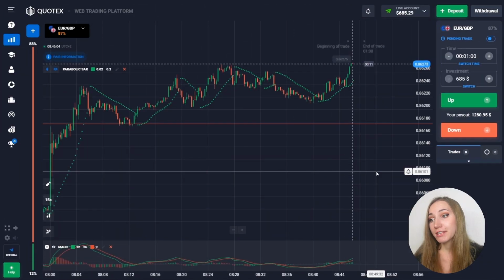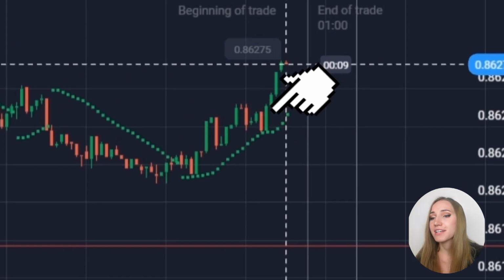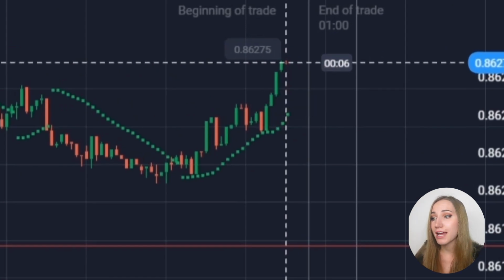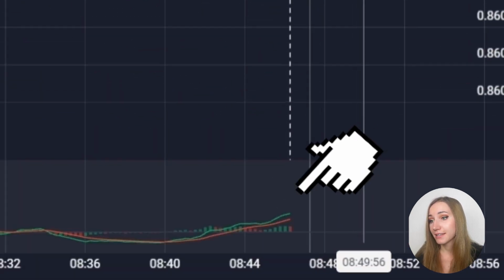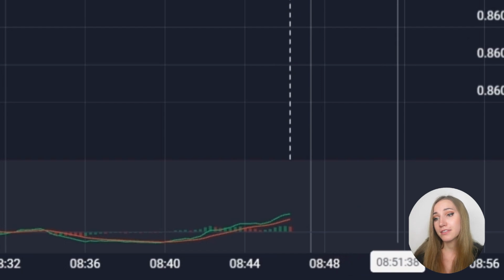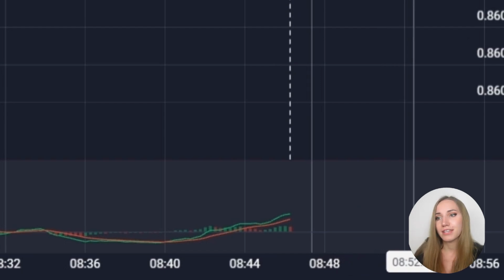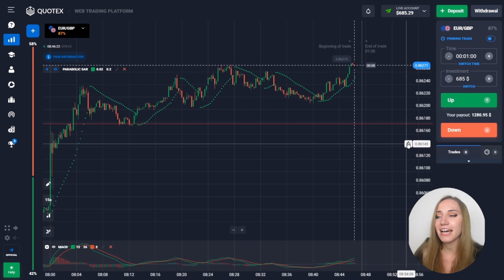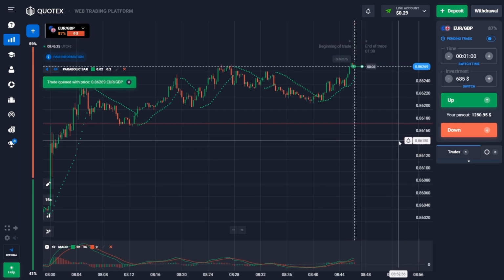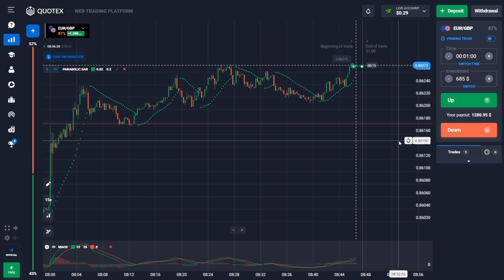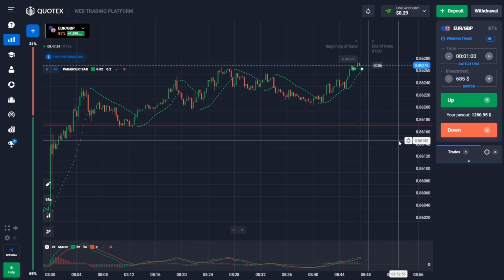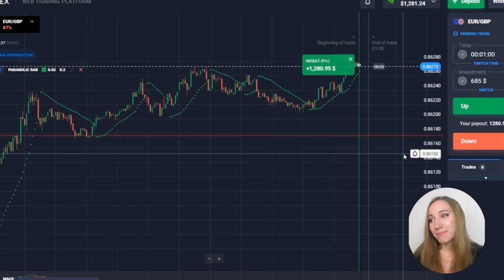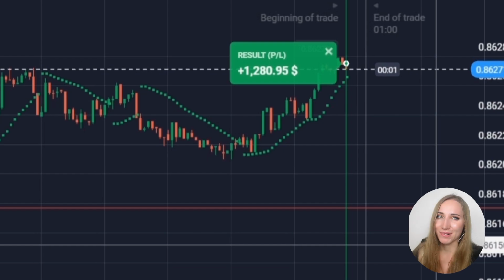Next, the distance between the chart move and the parabolic indicator is increasing and it is a strengthening up move. MACD also shows the same signal because lines are moving higher than the zero level, and it is a very good moment and I'm sure to open a trade up for 1 minute. Let's check what's going to happen next. Price went higher and the profit is mine.